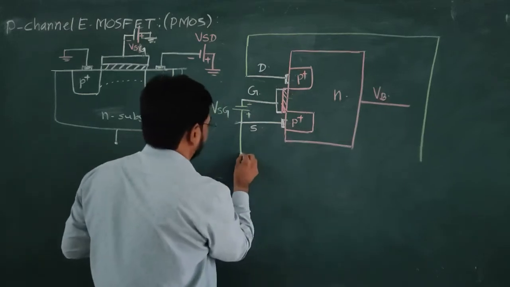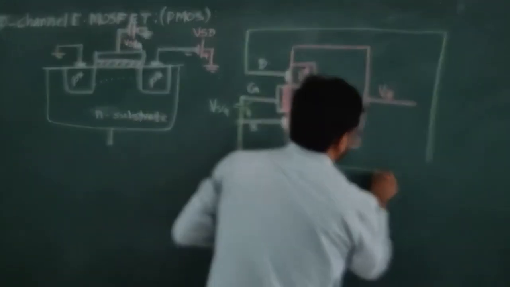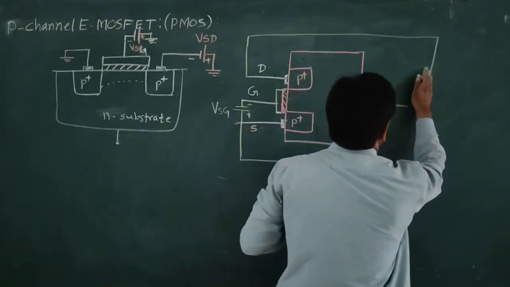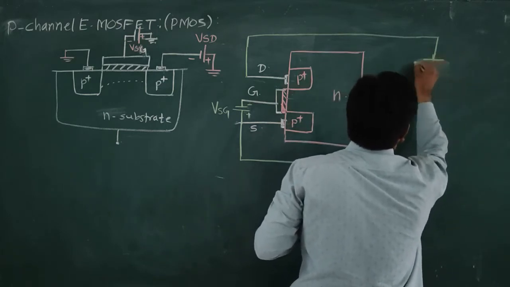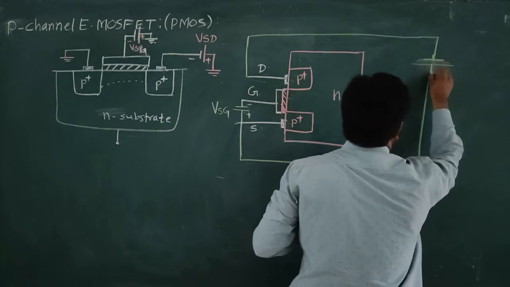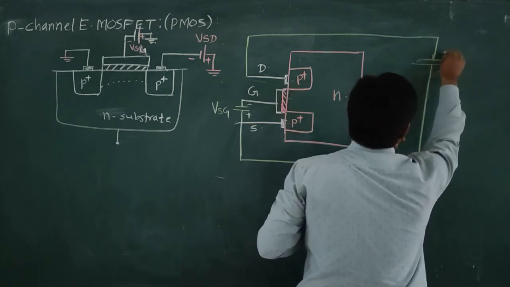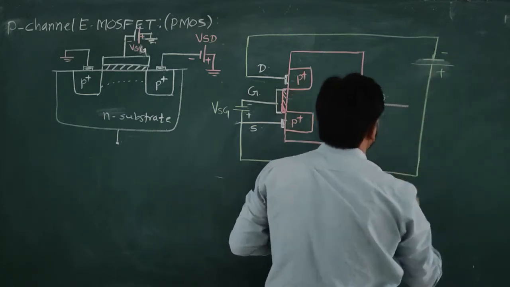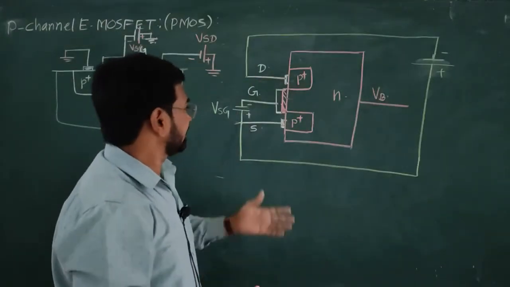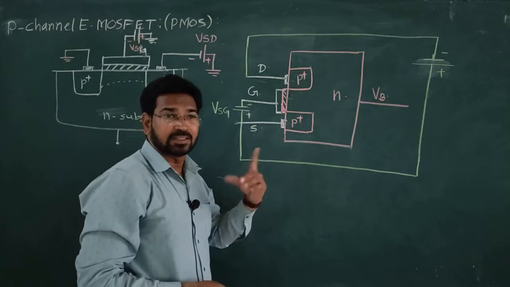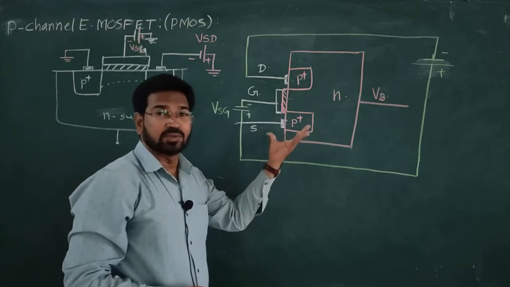See this. It is the negative terminal and the positive terminal is connected to the source and negative is connected to the drain. Completely, the biasing diagram is complementary to NMOS.